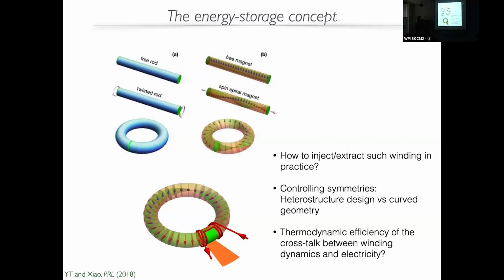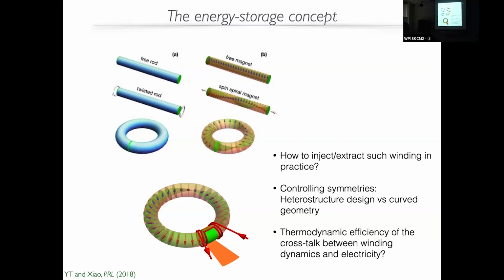So one more ingredient here is the ability to effectively perform this kind of cutting, gluing, cutting and regluing action, because we want to be able to disconnect magnetic order here and here to be able to twist the two ends.